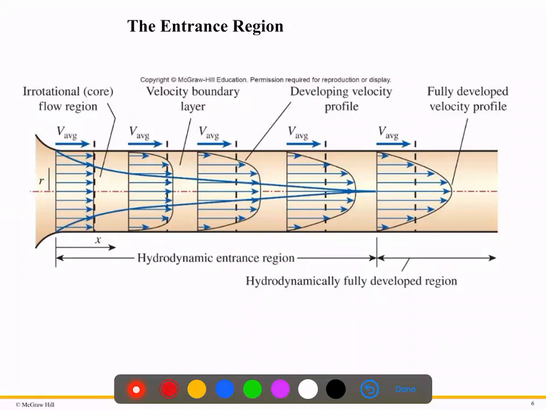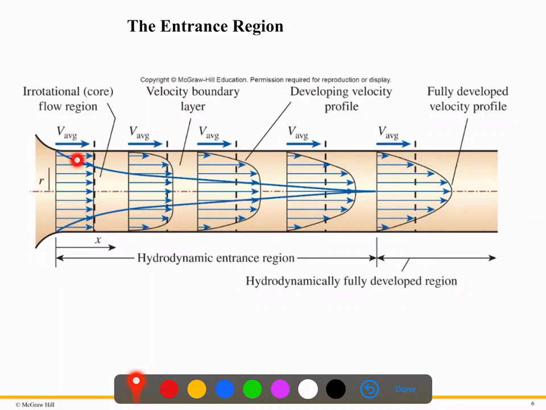And the last thing is the pipe flow. When you're talking about pipe flow, there is another important concept we call the boundary layer. We already know the concept of the boundary layer. You can see here it's showing the boundary layer.